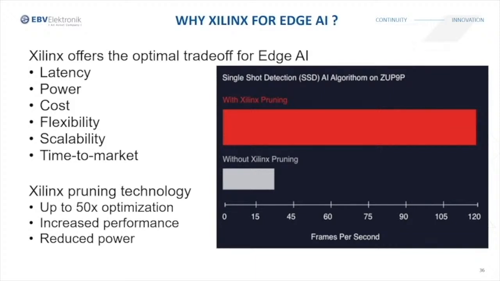So what is pruning technology? We'll talk about it a little bit later, but it is a kind of optimization of the neural network where we can remove the redundant nodes and make our network smaller, more compact, and more efficient.